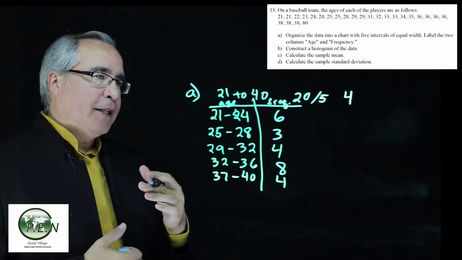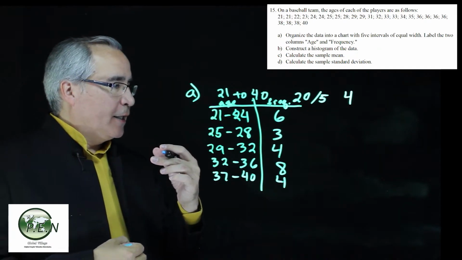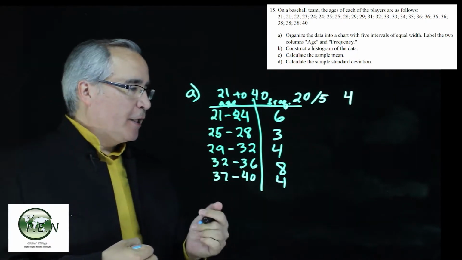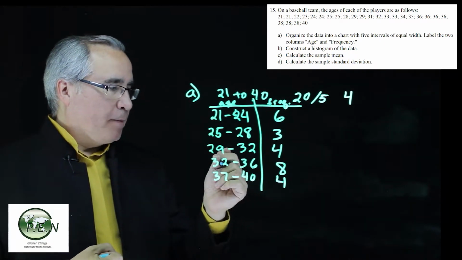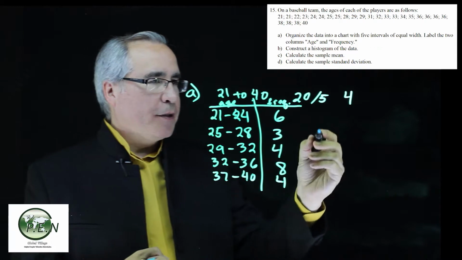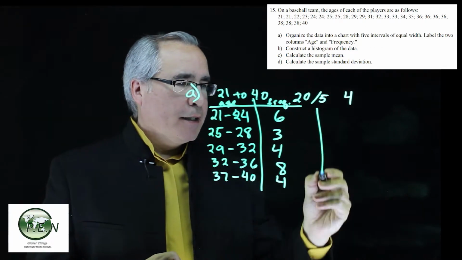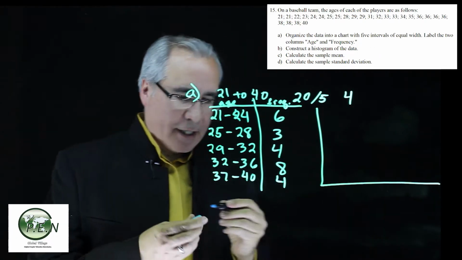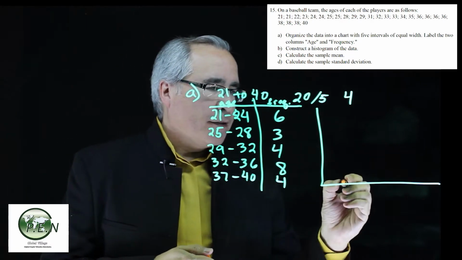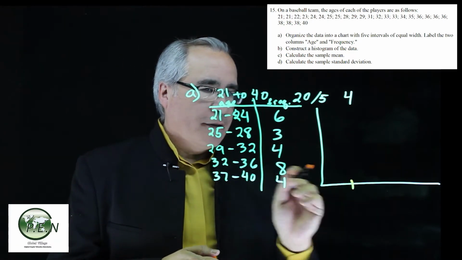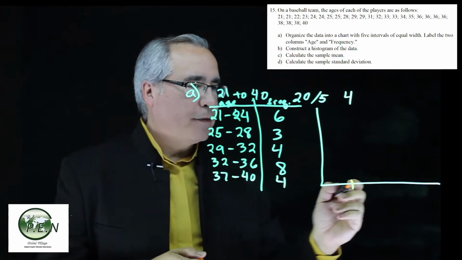Now the B part is we want to turn that into a histogram. So what we're going to do is go like this, and each of our bars is going to be numbered, so there's going to be a grouping. There's 1, 2, 3, 4, 5 groupings.